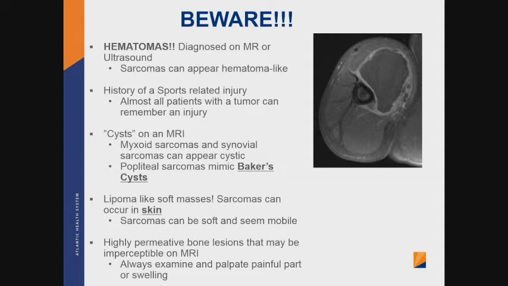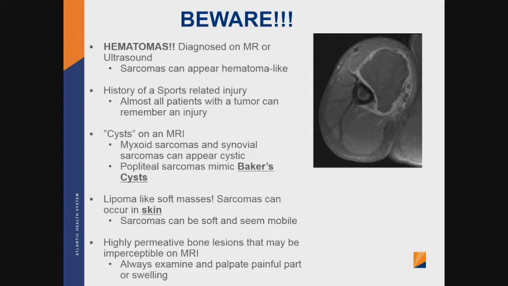Some soft tissue masses, despite being sarcomas, don't follow the rules, and they're actually soft to palpation and not very firm, so they can be misconstrued as being a lipoma. And highly permeative bone lesions may be imperceptible on x-rays and require an MRI for evaluation.